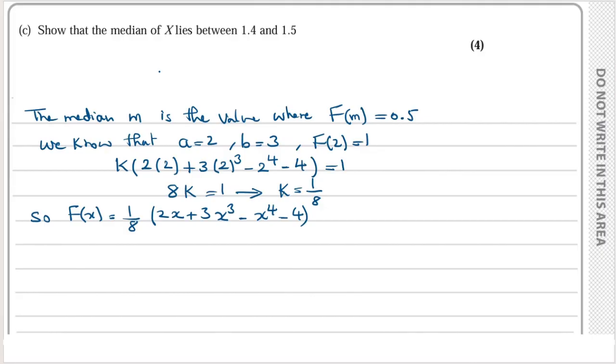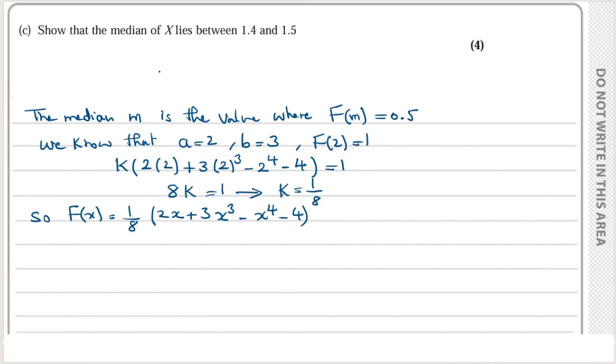Now, we want to show that the median lies between 1.4 and 1.5. So it's enough to evaluate the CDF, capital F, at 1.4 and 1.5, and show that 0.5 lies between the answers that we get.